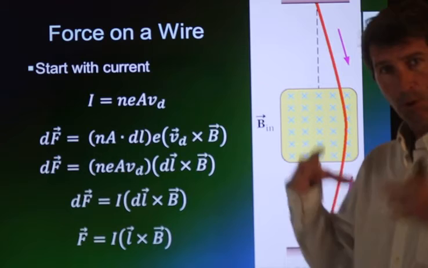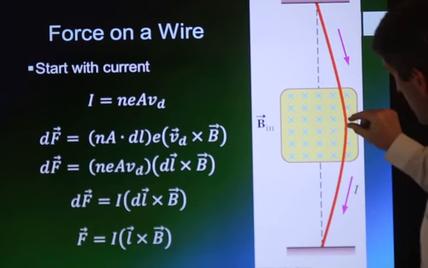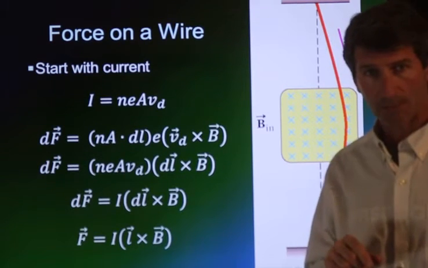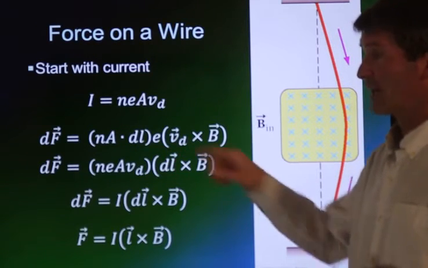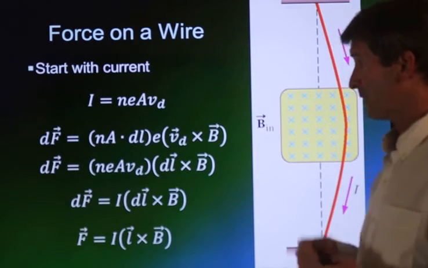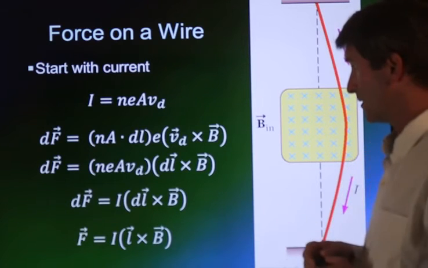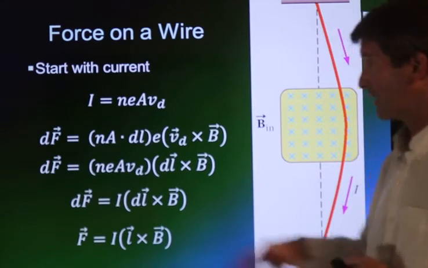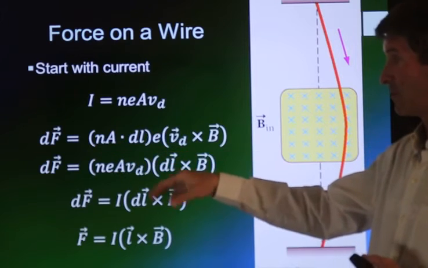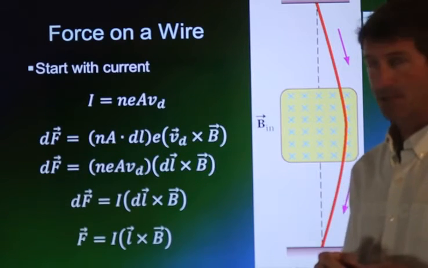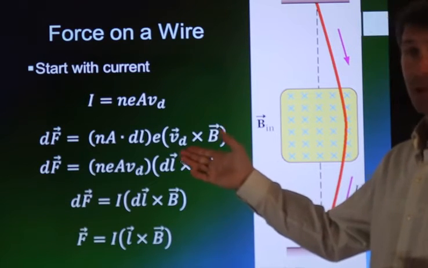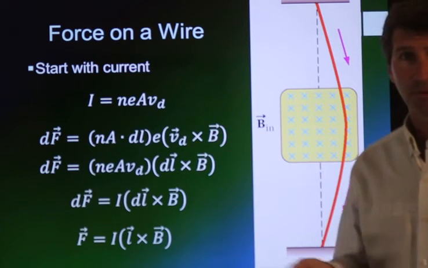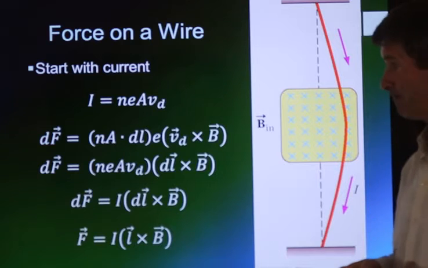So that gives us the total charge that is going to be contained in some infinitesimal length of wire. Okay? We multiply that times the elementary charge, which is how much charge each of these have. So again, that's giving us the number of charges times the elementary charge in that infinitesimal wire.